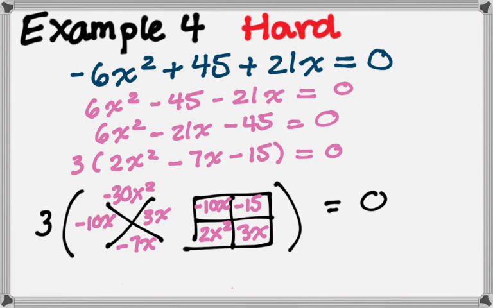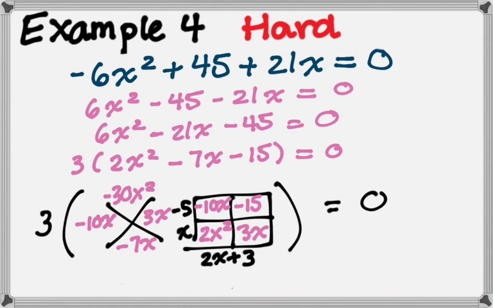I'm going to put the 2x down here, knowing it goes into negative 10, and just an x over here. Yeah, 2x times x makes 2x squared. Going across, x plus 3: 3 times x makes 3x. And 2x times negative 5 is negative 10x.